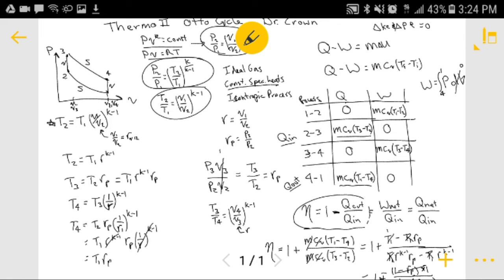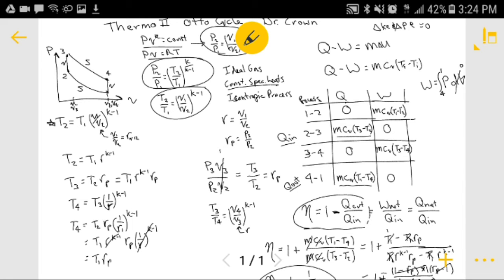And then what I get for the numerator is rp minus 1 when I multiply by negative 1. So the rp minus 1 cancels, and I have finally that the efficiency equals 1 minus 1 over r to the k minus 1, which is a nice simple result.